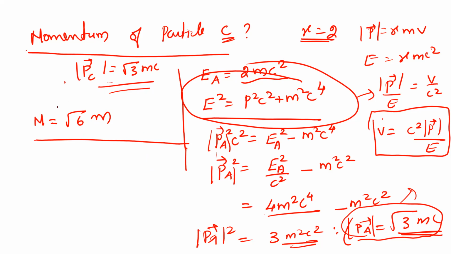There are different ways you can do this. One way is that you know the mass and the momentum, so you can find the energy like this: E² is equal to p²c² plus m²c⁴.